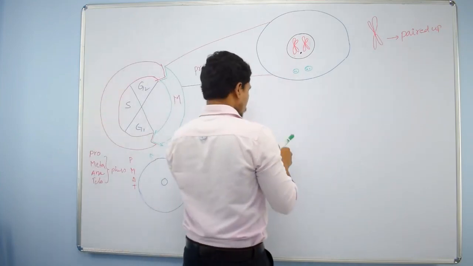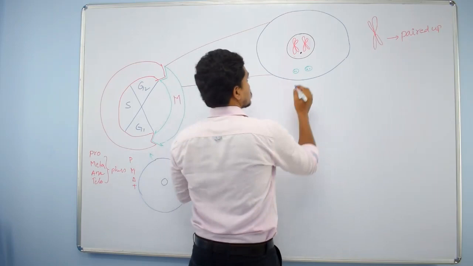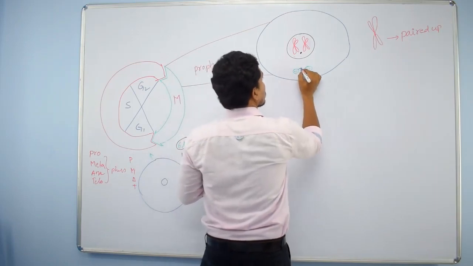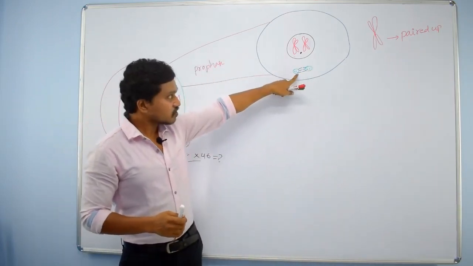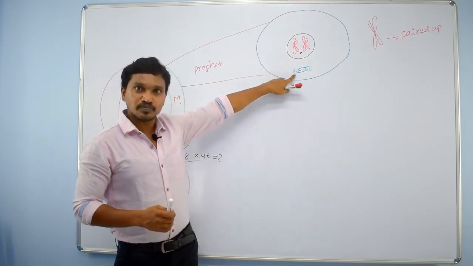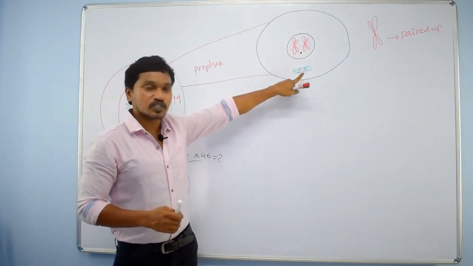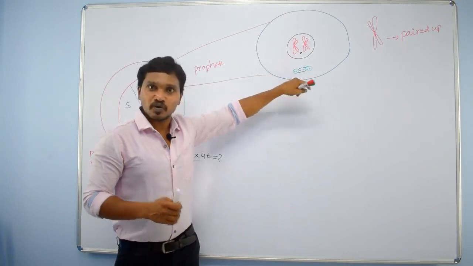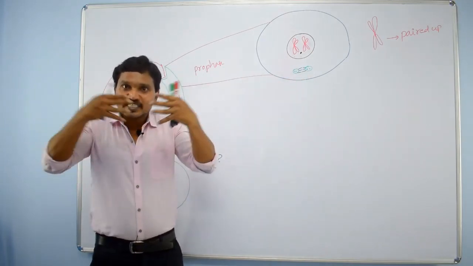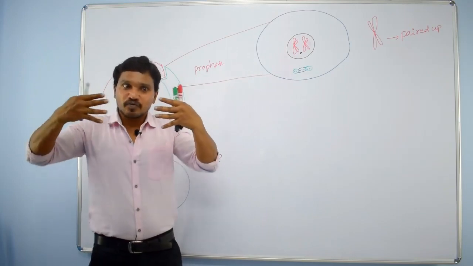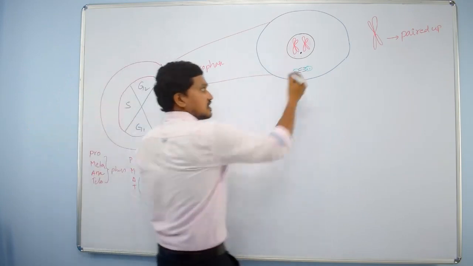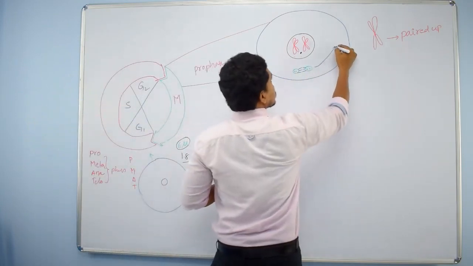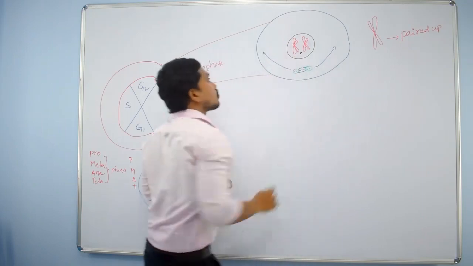When microtubules are produced from this centrosome and from that centrosome, both push against each other as they grow, so that these structures move towards the poles of the cell.